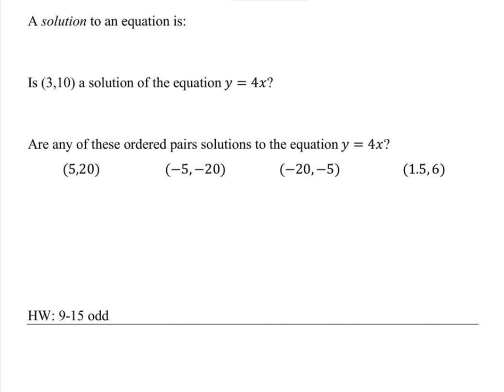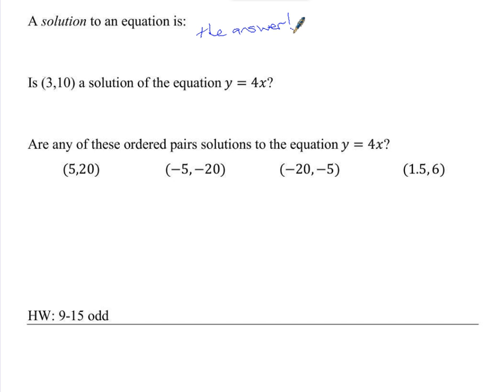What's a solution to an equation? The answer? That's it? A solution to an equation is the answer. If you have an equation with one variable in it, then you're just going to wind up with like x equals 2 or something like that. That's what we've been doing in the last few sections.